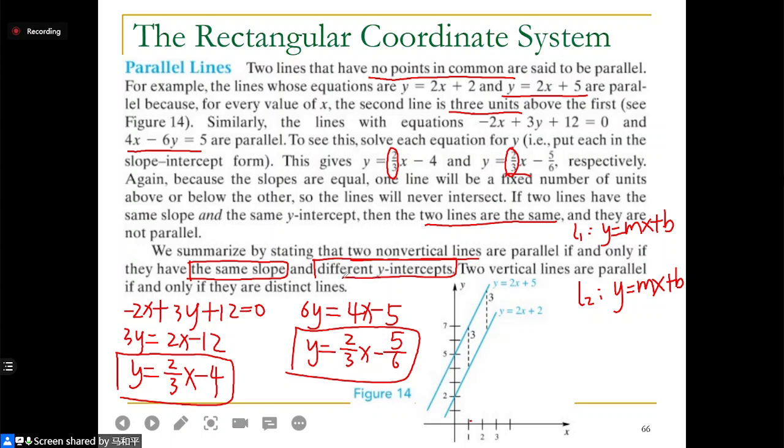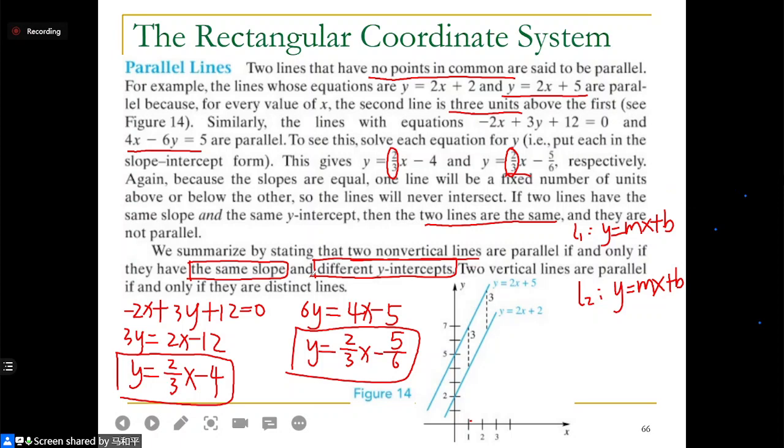Because if they have the same slope and the same y-intercept, they are one line, so they are not parallel. And two vertical lines are parallel if and only if they are distinct lines.